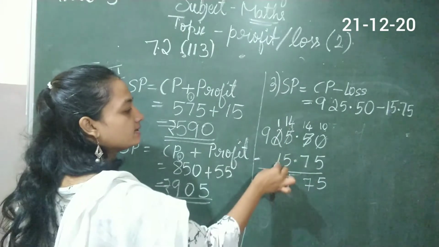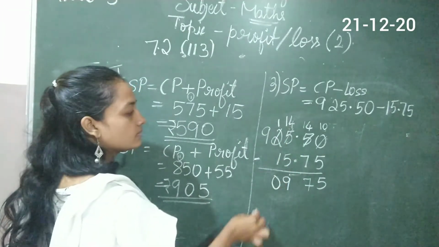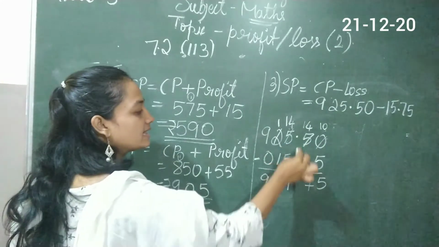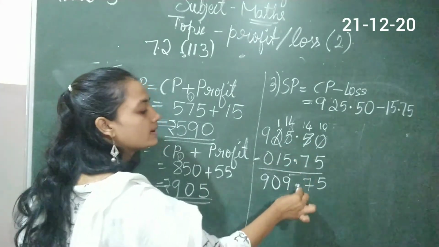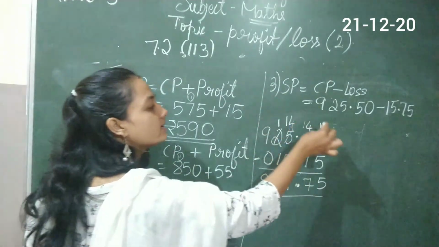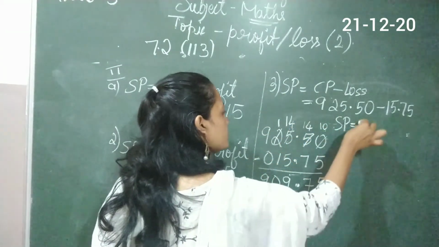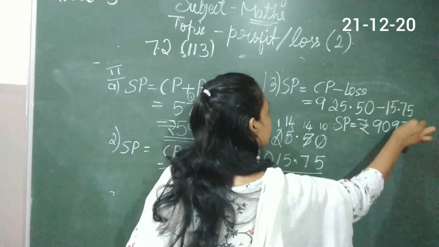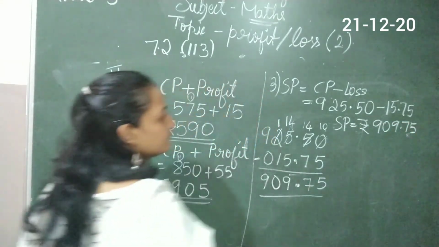And 1 minus 1 will be 0. 9 minus 0 is 9. And there I have a decimal point. My decimal point will come there only. So the selling price for the third one is rupees 909.75 paise.